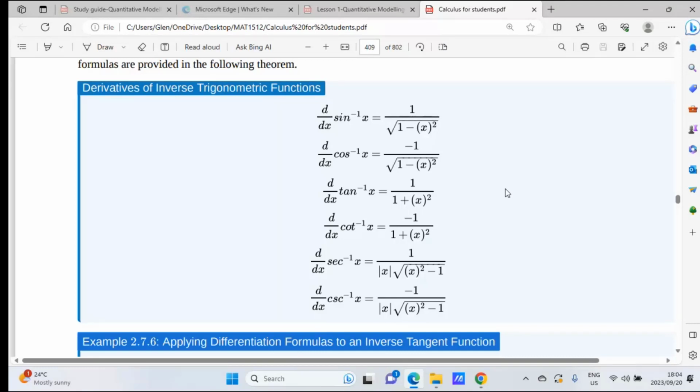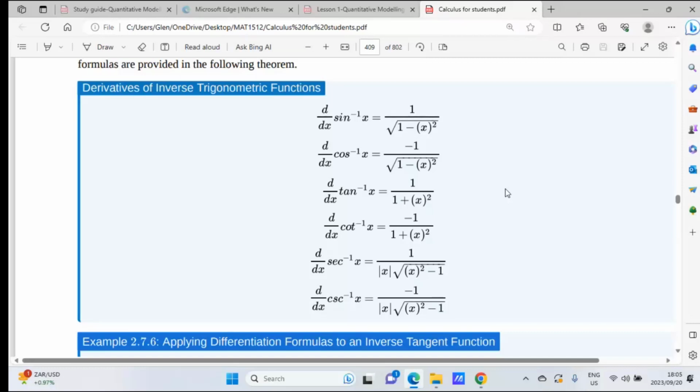Now, the derivative of the inverse of sec x is equal to 1 over the absolute value of x times the square root of x squared minus 1. The derivative of the inverse of cosecant x is equal to -1 over the absolute value of x times the square root of x squared minus 1.